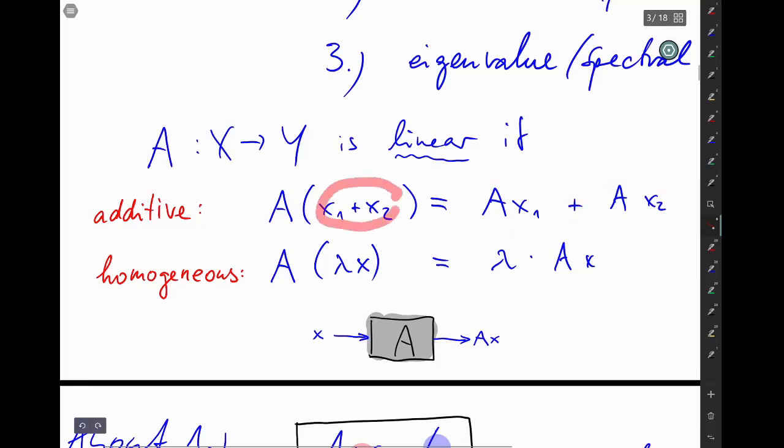So you can add the inputs, and what you get is just the addition of the outputs. That's what additivity means. Homogeneity is pretty much the same with multiplication by scalars. You could multiply your input x by 3 or any other lambda, and then send it through the black box, and the result is just going to be 3 times the operator applied to x. So multiplication by 3 before leads to multiplication by 3 afterwards.